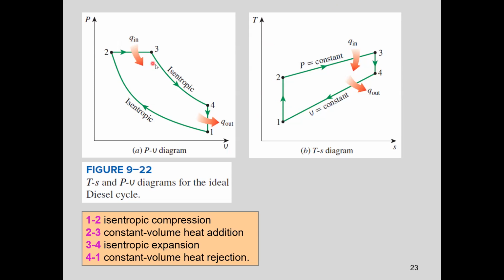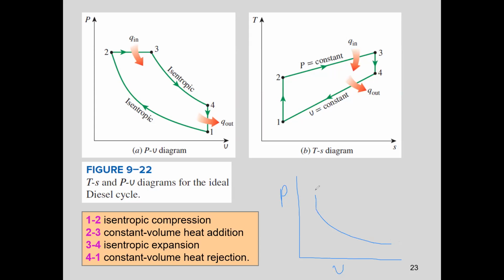So do you remember how Otto cycle looks like? Okay, let me try for you in this diagram. This is pressure. This is specific volume. And this is the compression process.